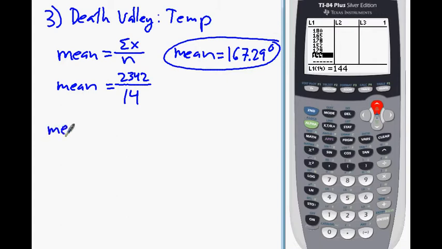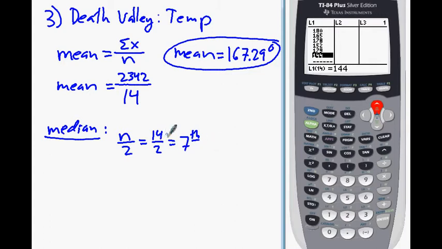Now when we talk about the median, we need to have the middle position. Now the median position is going to be n divided by 2, which in this case is going to be 14 divided by 2, which is the 7th position.